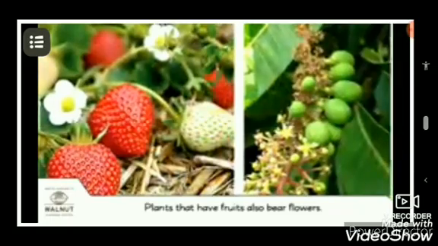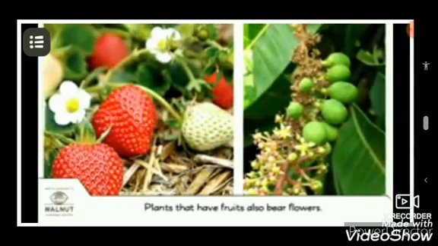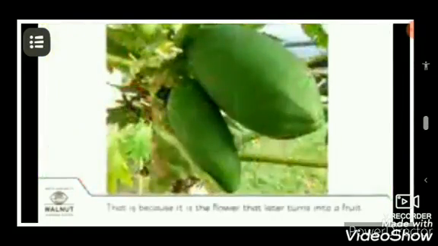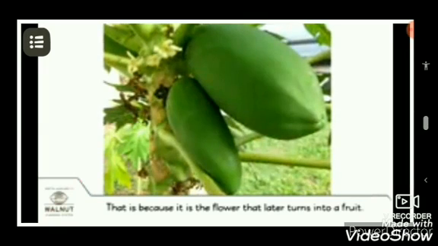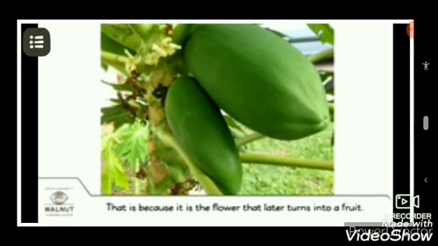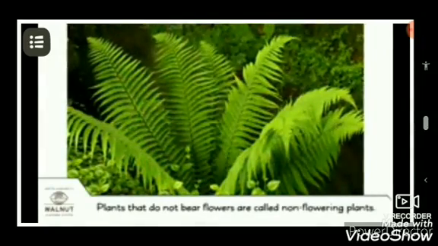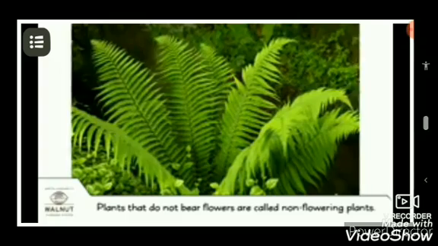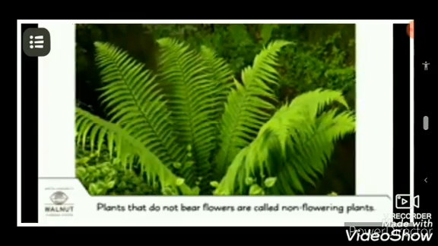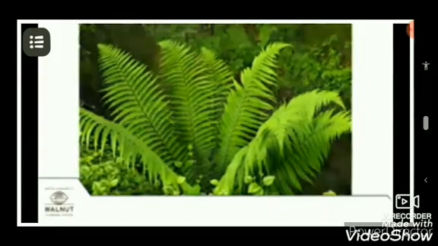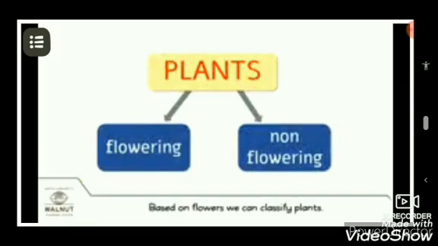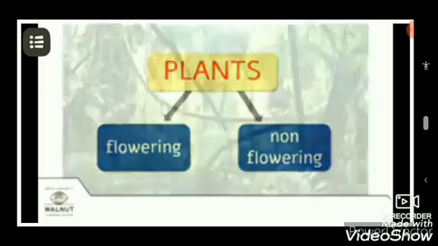The plants that have fruits also bear flowers, because it is the flower that later turns into the fruit. The plants that do not bear flowers are called non-flowering plants. The plants are divided into two groups, flowering and non-flowering plants.